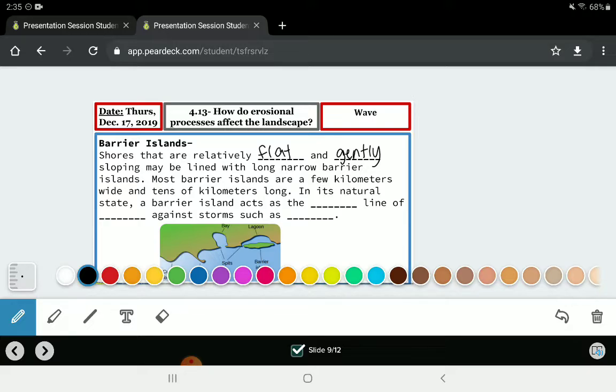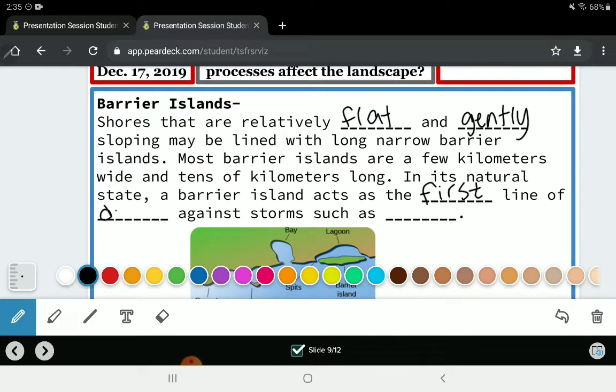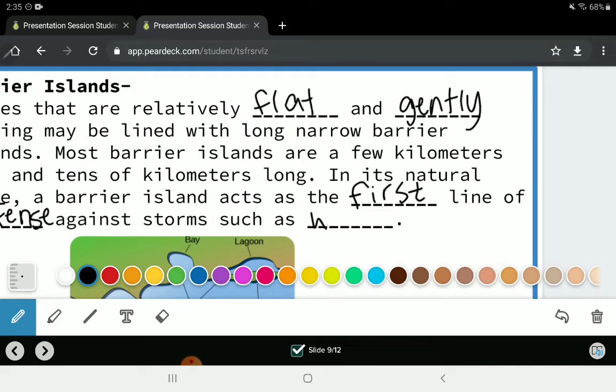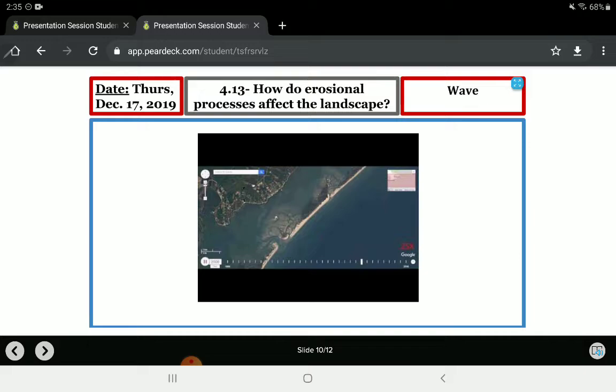In its natural state, a barrier island acts as the first line of defense against storms such as hurricanes. So that barrier island helps slow down waves, and it also helps break up wind reaching the shore.